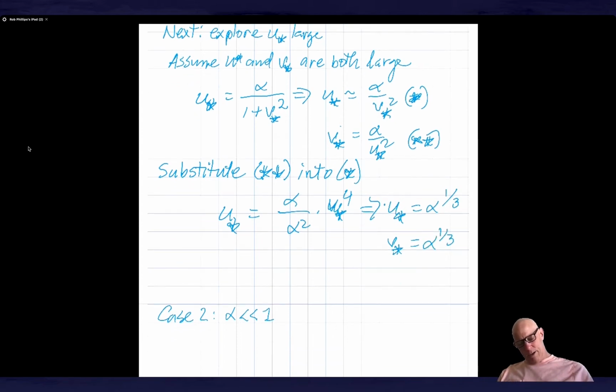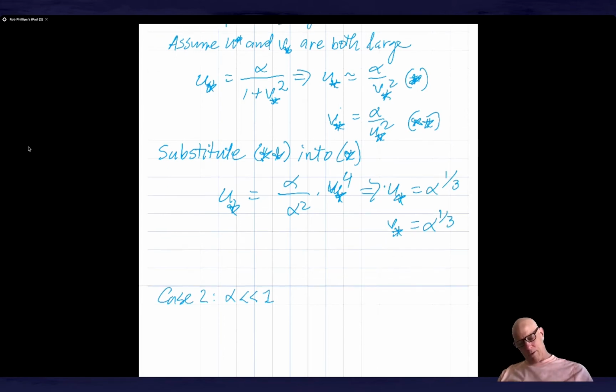Last, let's see if there are any solutions for U star and V star both small. So we found basically three solutions, but what about U star and V star both small?